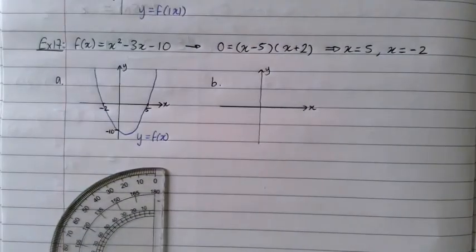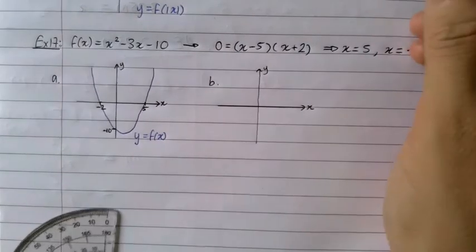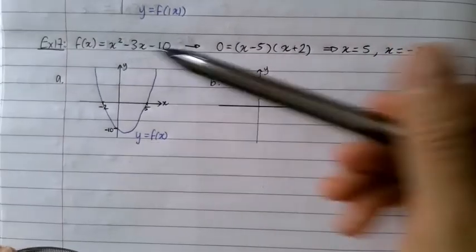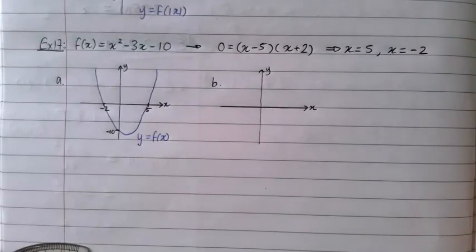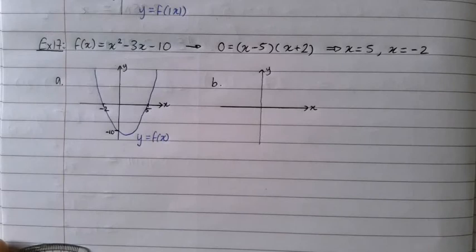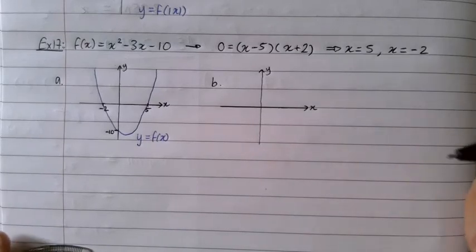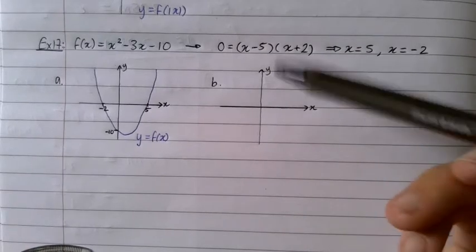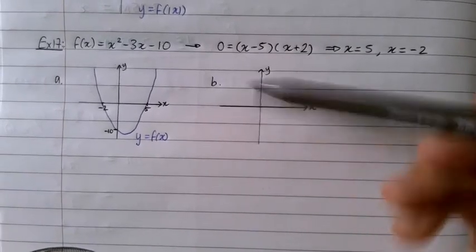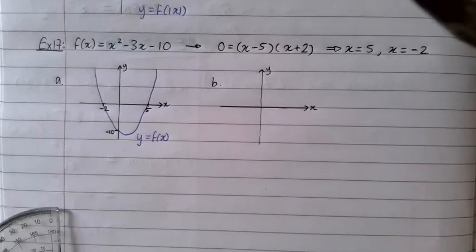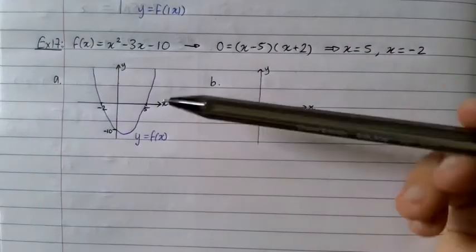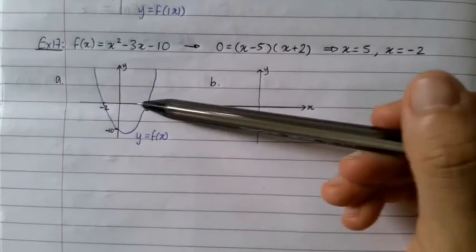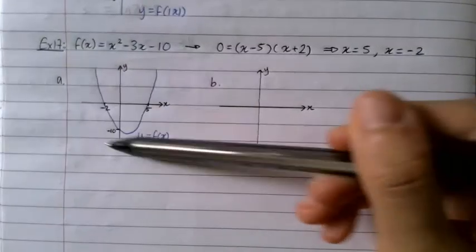So if we follow our steps from before, we first need to sketch y equals f of x, which we've got here, so I'm not going to do it again on these axes, although you could with a pencil, and rub out below the x-axis, but I don't have a rubber. And we need to reflect any parts where f of x is smaller than 0, so anything below the x-axis, we need to reflect that in the x-axis.